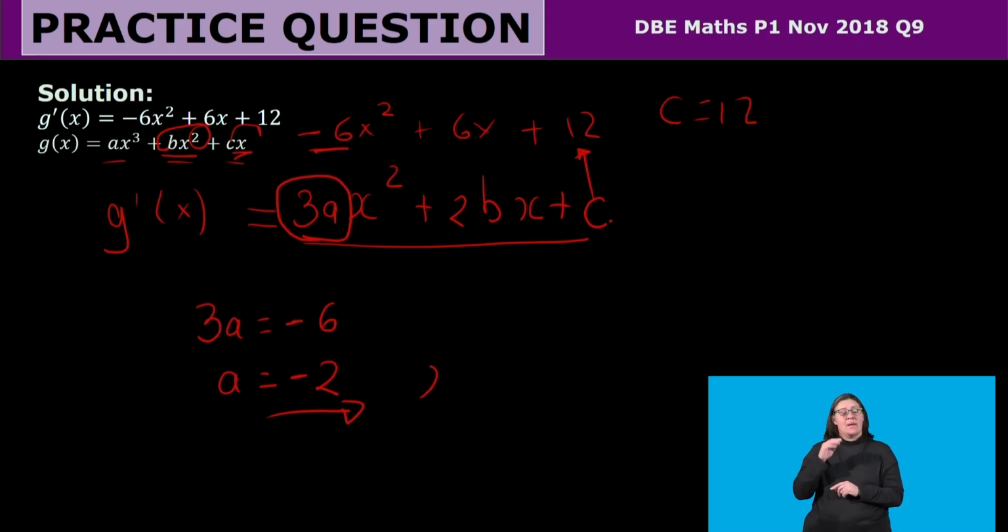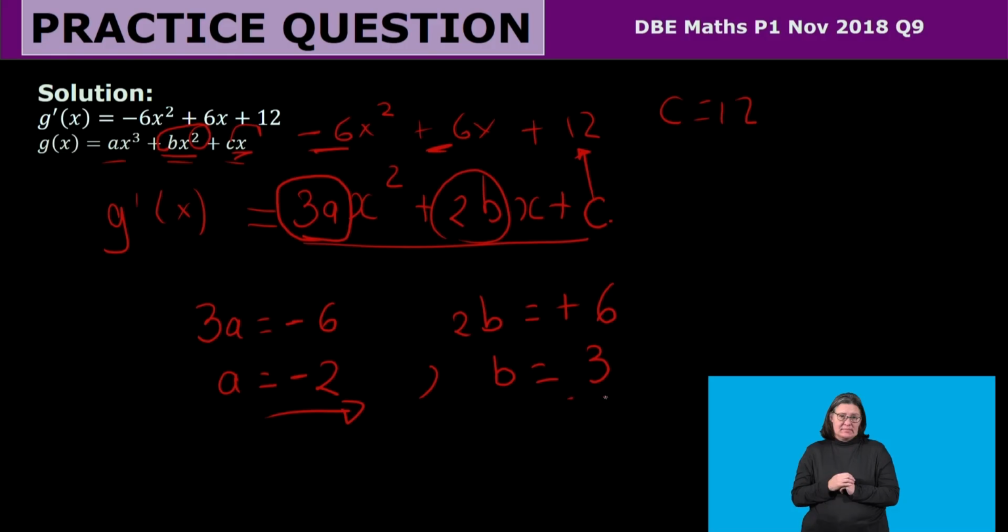And then finally, to find b, we do the same thing. 2 times b, that coefficient, needs to be equal to positive 6. Remember, we include the signs. So therefore, dividing both sides by 2, I get that b is equal to 3. So now I've got a, b, and c. I've answered the question. Let's write down what our equation is going to look like now.